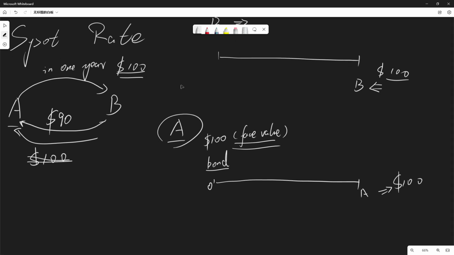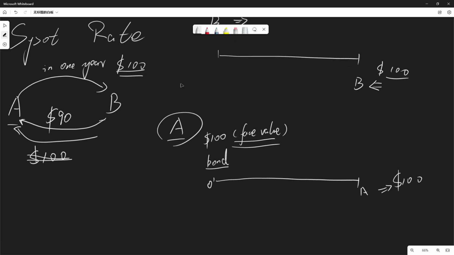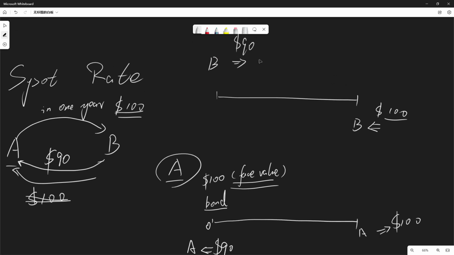Ironically, even though the face value of the bond is $100, A did not get $100, but rather A just gets $90 because B buys that bond, but B only paid $90, and that amount of money goes to A. So it goes both ways.